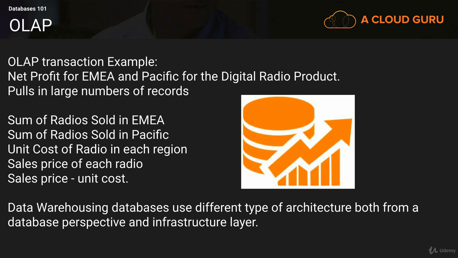So let's say it's a physical digital radio. In order to do that, you have to pull in large numbers of records. You're going to need to understand the number of radios sold in EMEA, the number of radios sold in the Pacific, the unit cost of the radio in each region, the sales price of each radio, the sales price minus the unit cost. You're going to have to do that as a calculation.